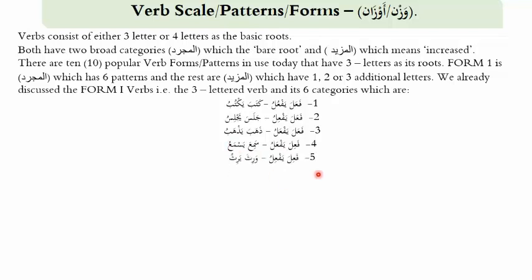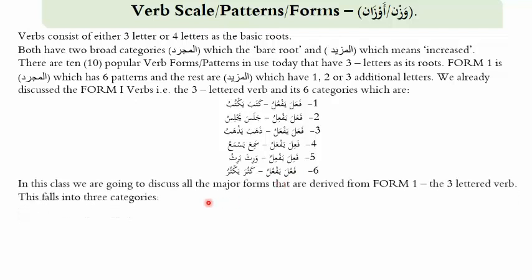That's the 4th category. The 5th category is fa'ila yaf'ilu, waritha yarithu. The 6th category is fa'ula yaf'ulu, kathura yakthuru. So those are the 6 categories for the mujarrad, the triliteral verbs that are the base root. They have 3 letters, fa, ain, and lam as a base, so they are called mujarrad.